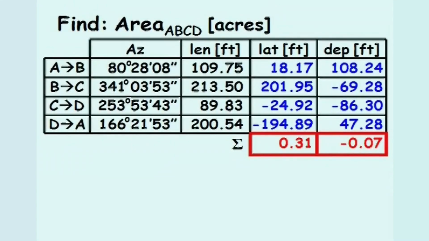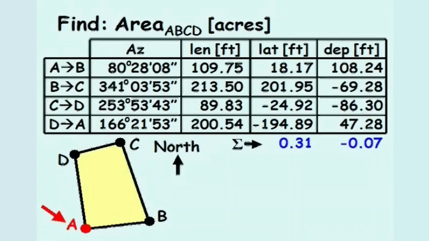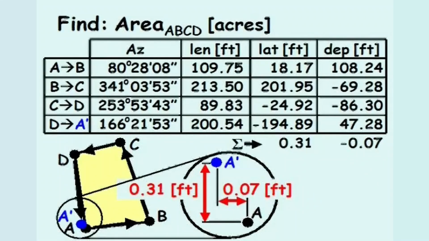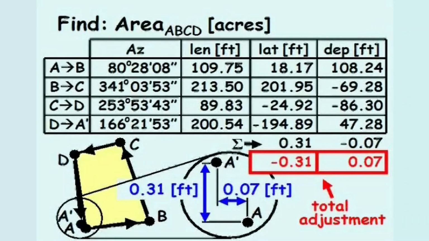This means if we start at point A and traverse along all courses, then we'll end up at a point we'll call A prime, which is located 0.31 feet north of point A and 0.07 feet west of point A. Therefore, we'll have to adjust the latitudes and departures in an equal yet opposite direction of the error of closure to correct for the error of closure.